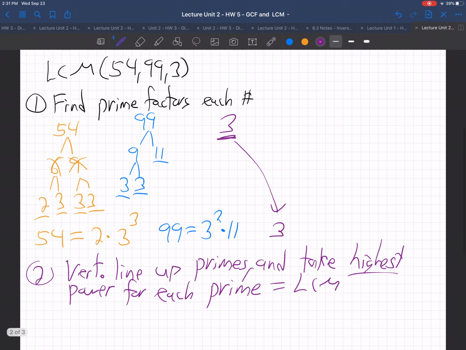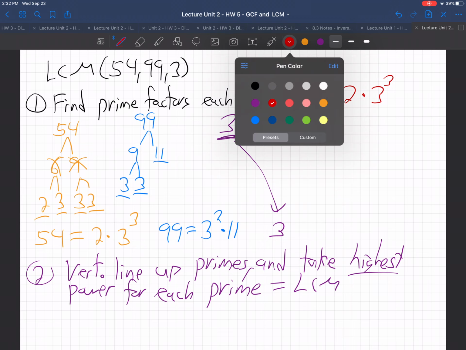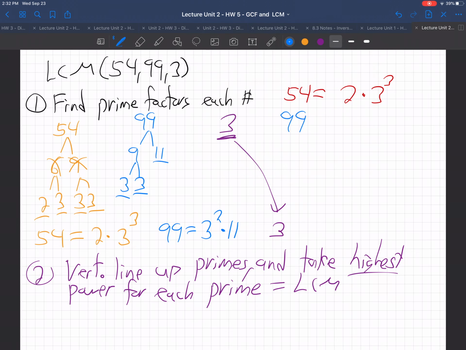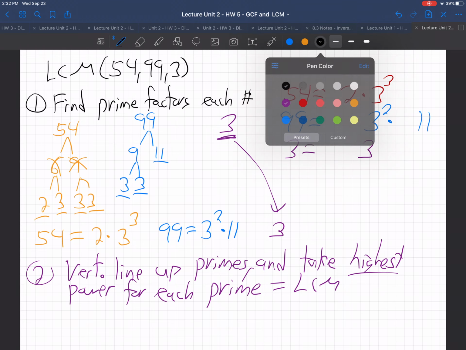So I'll just do it right over here. I'm going to vertically line these up. Let's start with the 54, which is 2 times 3 cubed, and then the 99, which is 3 squared times 11, and finally the 3, which is just 3, nothing more there.